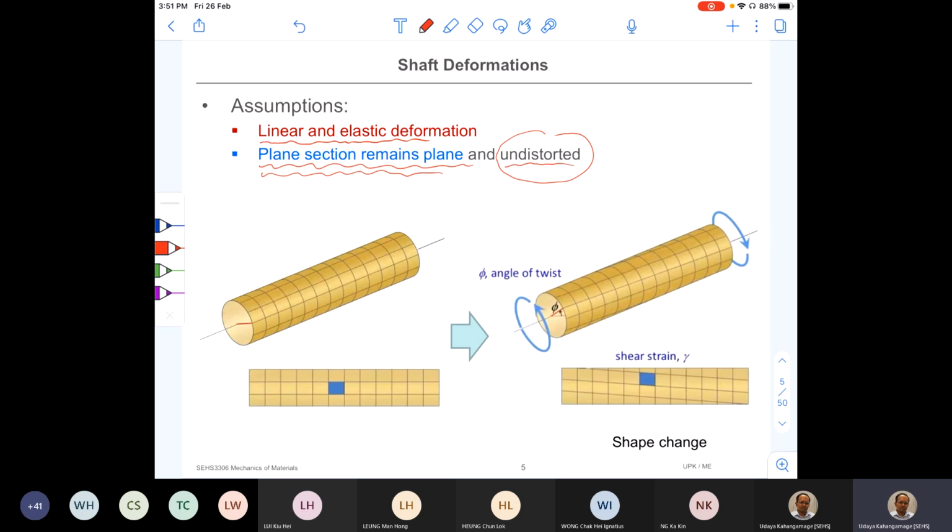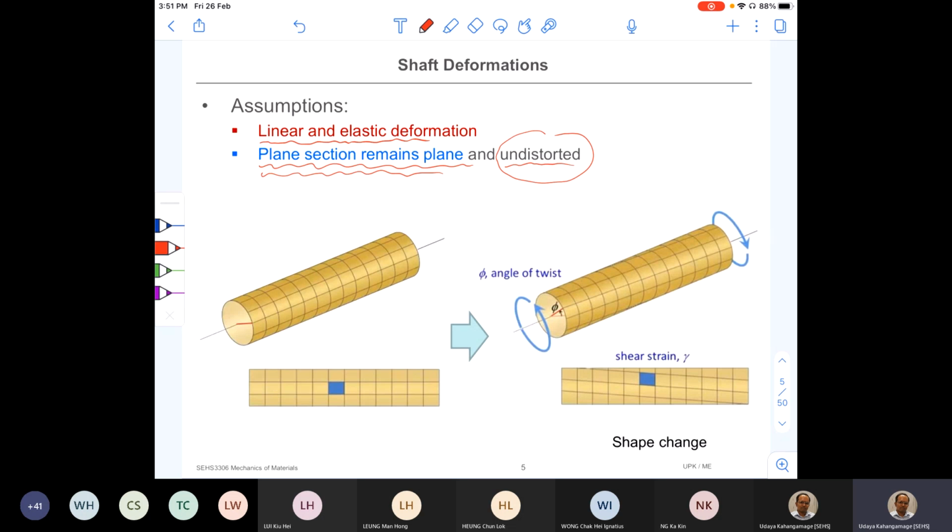Hope that you understand what I'm talking about, right? It's like a shaft made of several discs, and the discs shift or move relative to each other without any deformations or distortions. The position changes, but there's no distortion of the cross section, right?